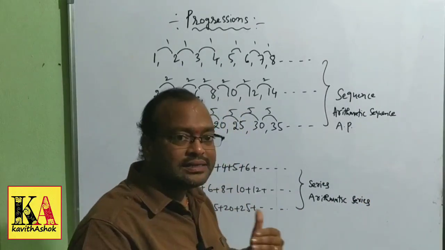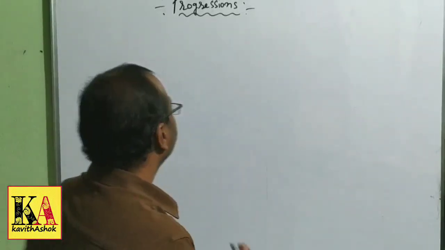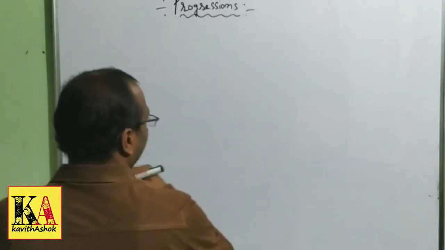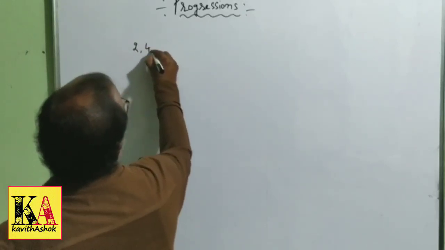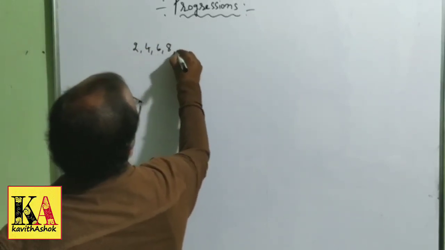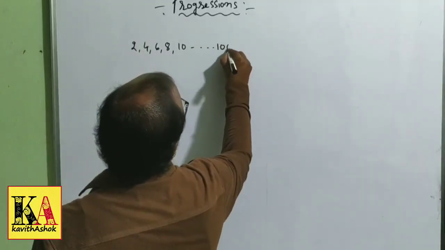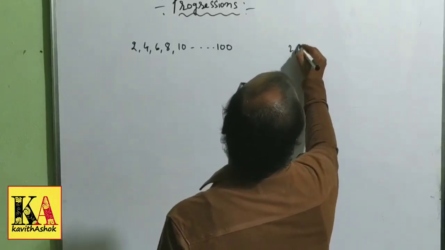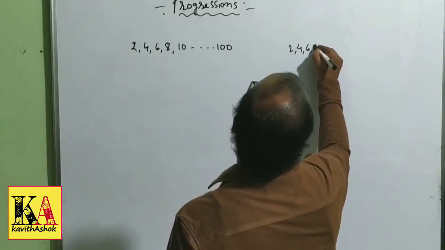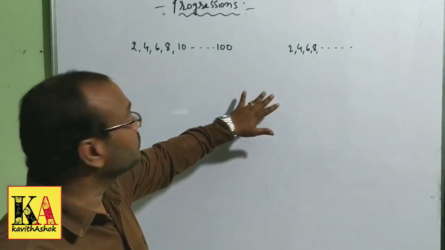Now we will discuss arithmetic progressions in detail. Suppose we take a sequence like this: 2, 4, 6, 8, 10, and so on up to 100. Or 2, 4, 6, 8, and so on. What is the difference between these two?